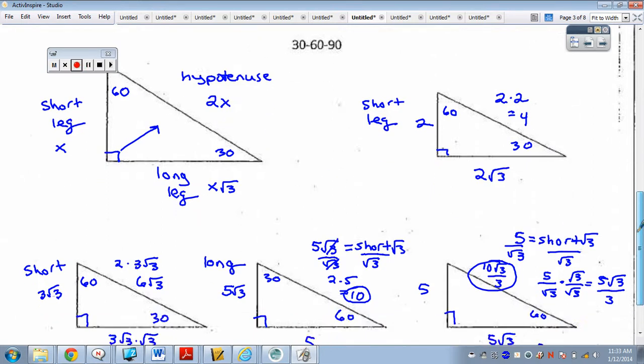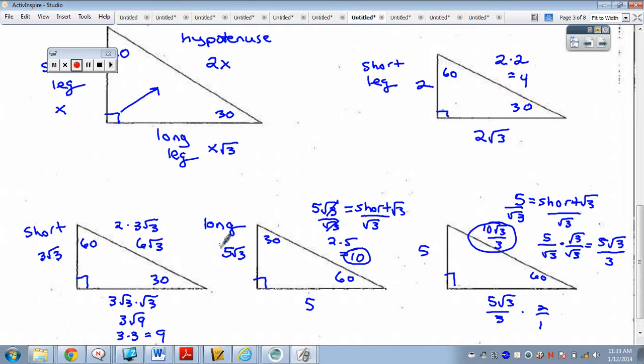If they give you the long leg, like this example here, you work backwards to find the short leg by dividing by root 3, and again, don't forget to rationalize, and then you take the short leg and multiply by 2 to get the hypotenuse. There is another scenario where they give you the hypotenuse of the triangle. All you would have to do is work backwards from the hypotenuse and divide by 2 to get the short leg, and then you take the short leg and multiply by root 3 to get the long leg.